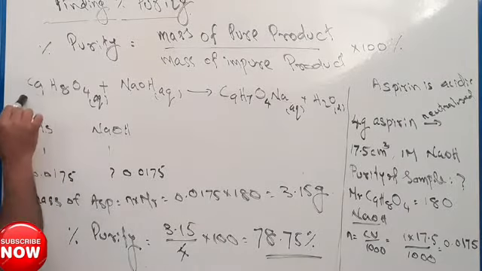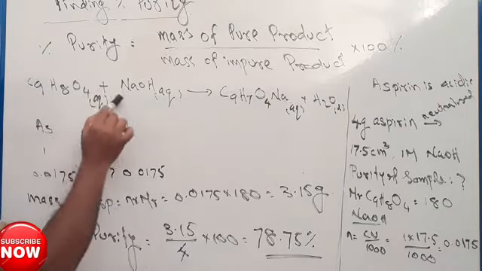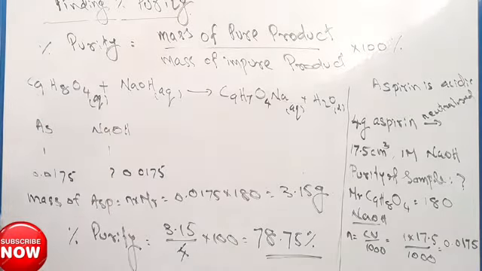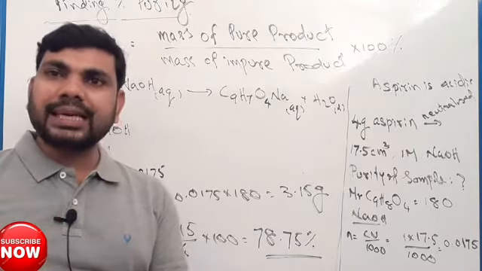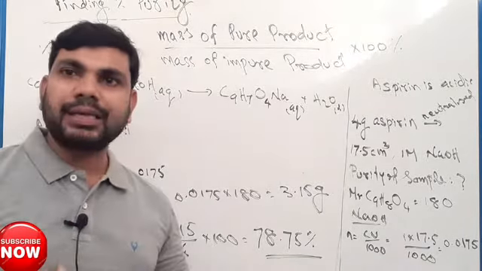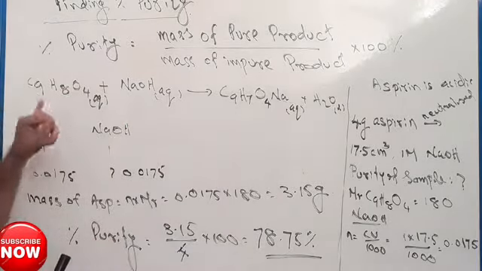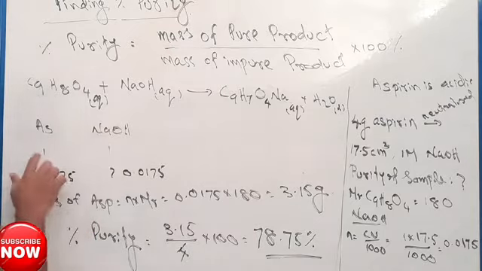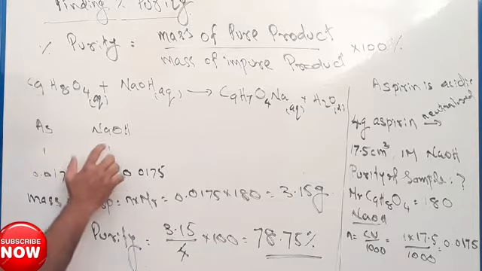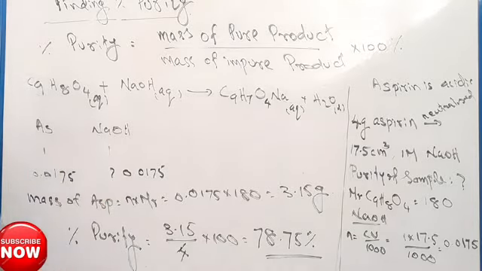Look here, 1 mole aspirin reacting with 1 mole sodium hydroxide. So we discussed before 1 mole salicylic acid gives 1 mole aspirin. Similarly here aspirin and sodium hydroxide, their ratio is 1:1. 1 mole aspirin reacting with 1 mole sodium hydroxide.